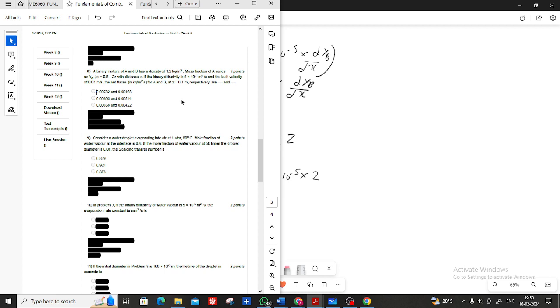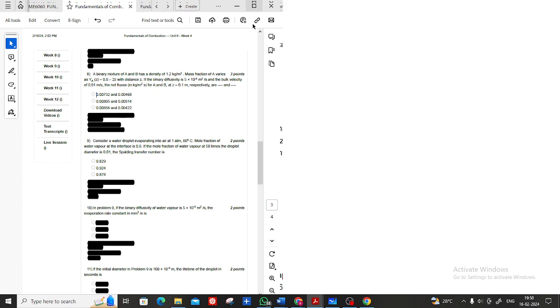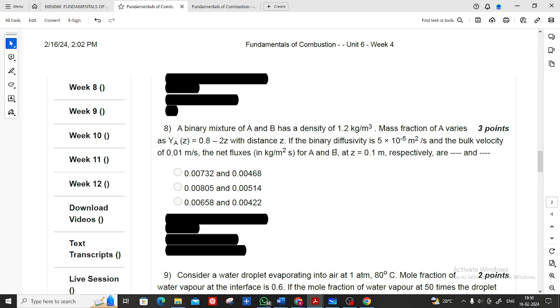That's what they have given. This is simply diffusion coefficient D, so we can use it for DAB and DBA also.